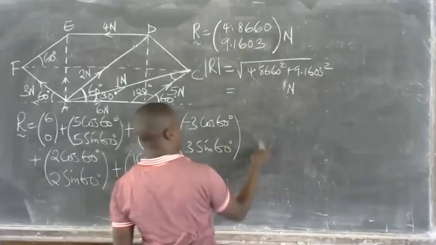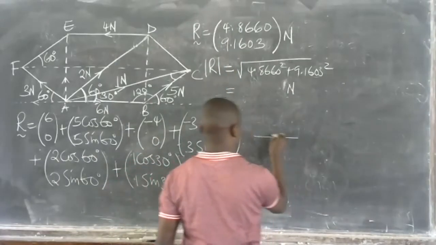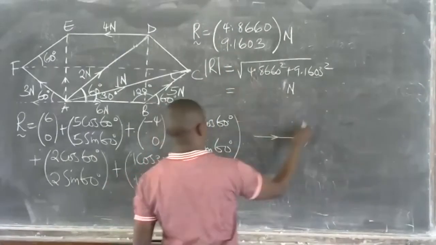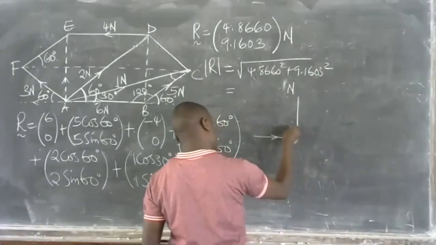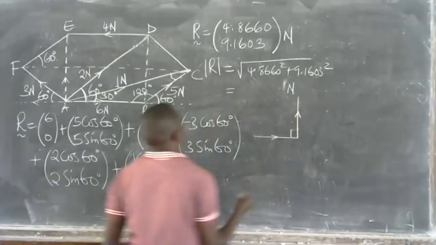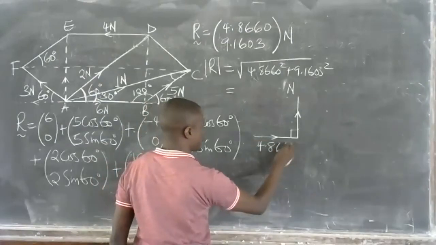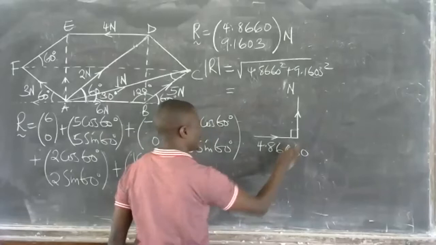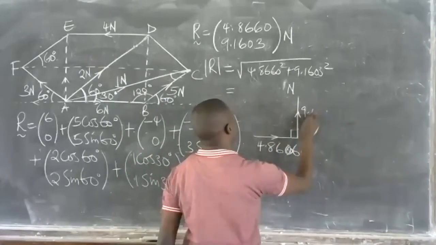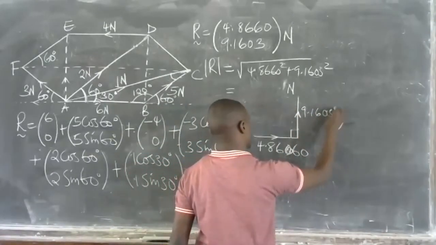So this component here is 4.8660 and then the vertical component is positive, 9.1603 newtons.